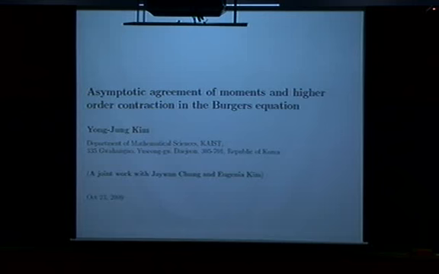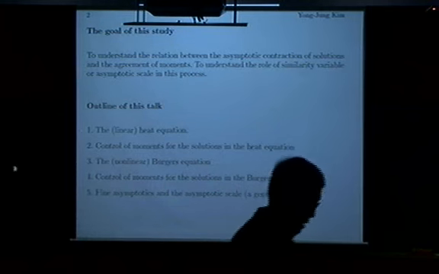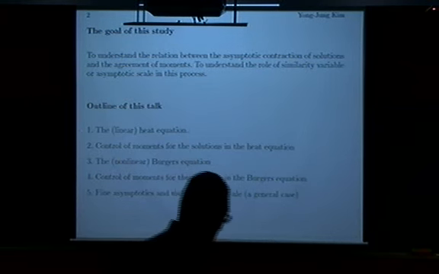This talk is a joint work with my graduate students, YongJung and Eugenia Kim. The goal of this study, okay, I already talked about this one. The outline: first, consider the heat equation, and we already saw a lot of things from the heat equation. Then see how to control the moment for the heat equation.